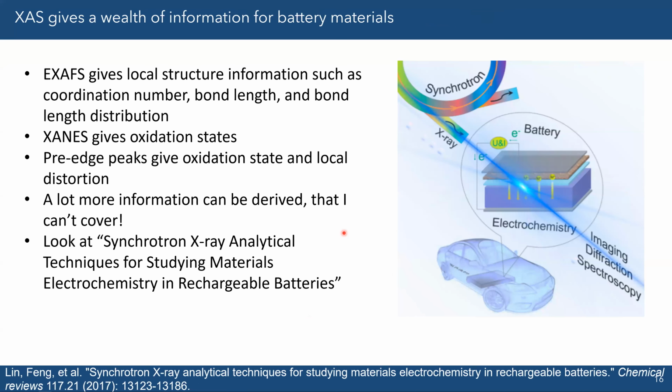So as a summary, XAS can give a lot of data about your structure and about your oxidation state. XANES can give your oxidation state. Pre-edge can give both oxidation state and qualitative information about your local distortion. And EXAFS can give local structure information such as coordination number, bond length, and bond length distributions.